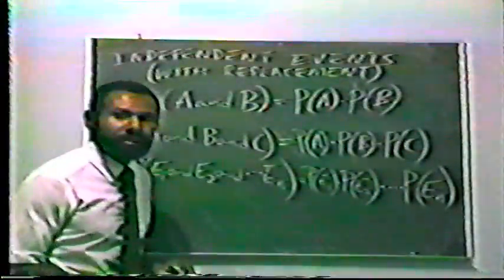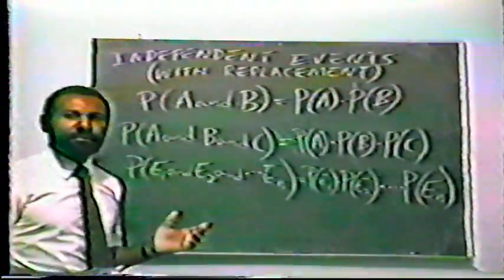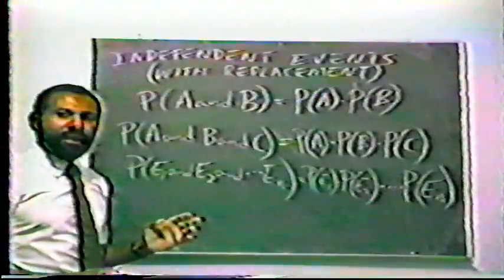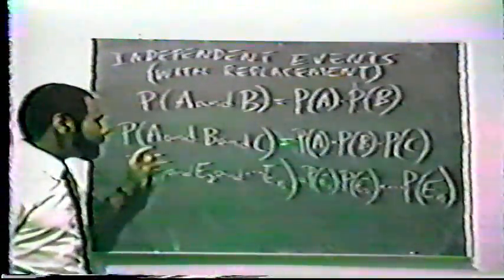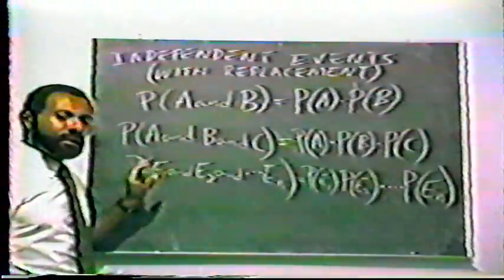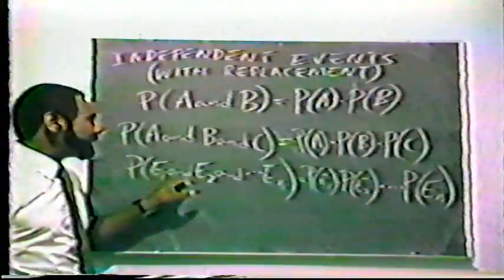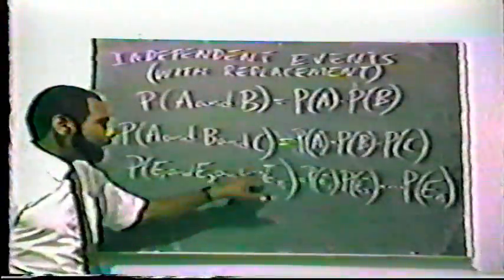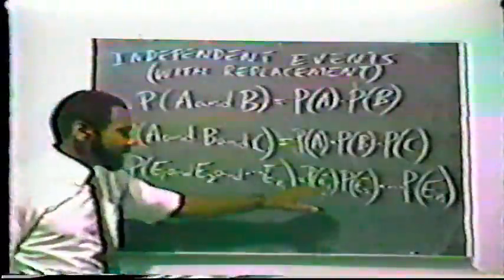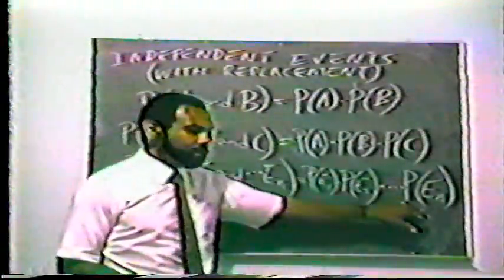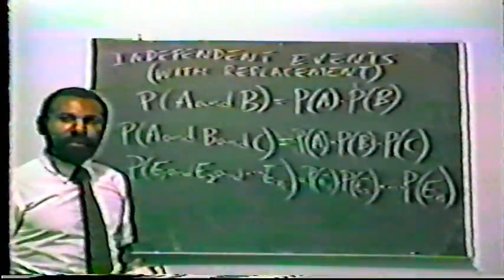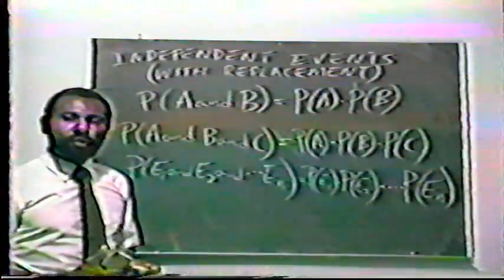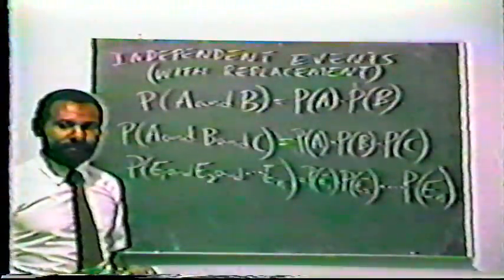So if you have independent events and you want to find the probability of event E sub 1 and E sub 2 and all of the other events, you just multiply the simple probabilities together. And that will give you your compound probability.